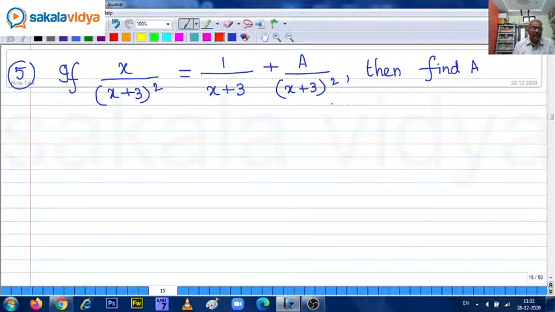This question was given April 2016 and October 2017. Previous questions.